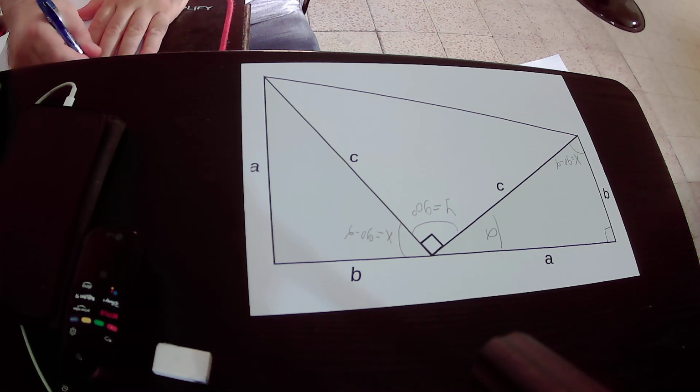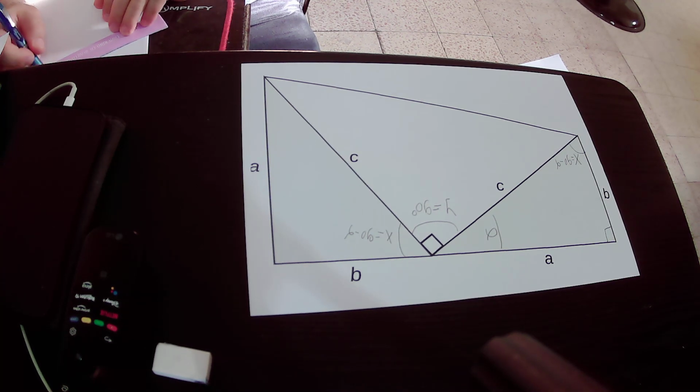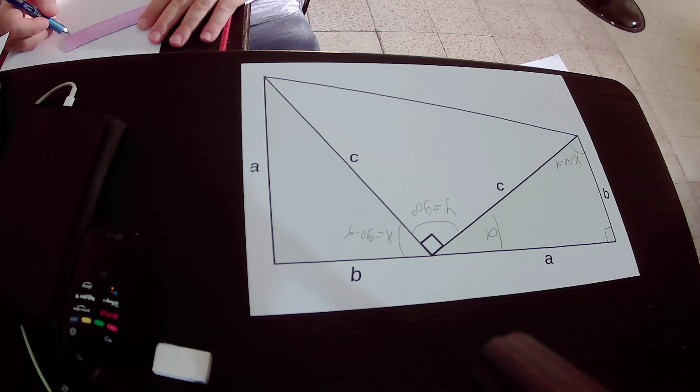This is the first expression of the area of the trapeze, equal to the area of the trapeze when we calculated it by the second way, second expression, A times B divided by 2 plus C times C divided by 2 plus B times A divided by 2.